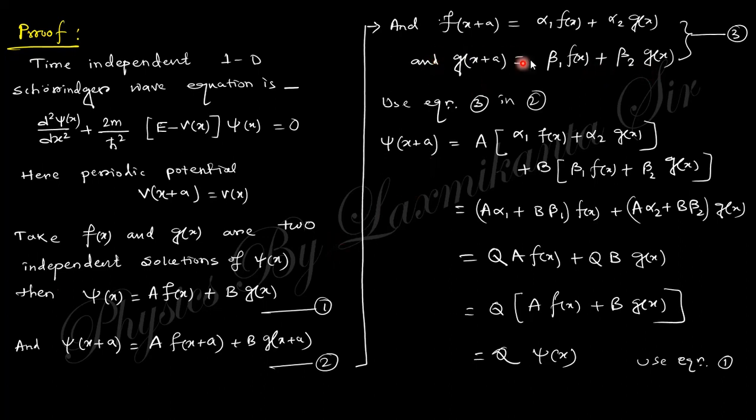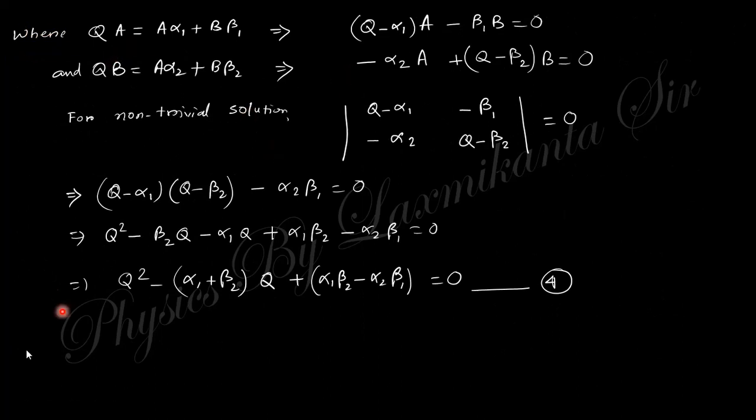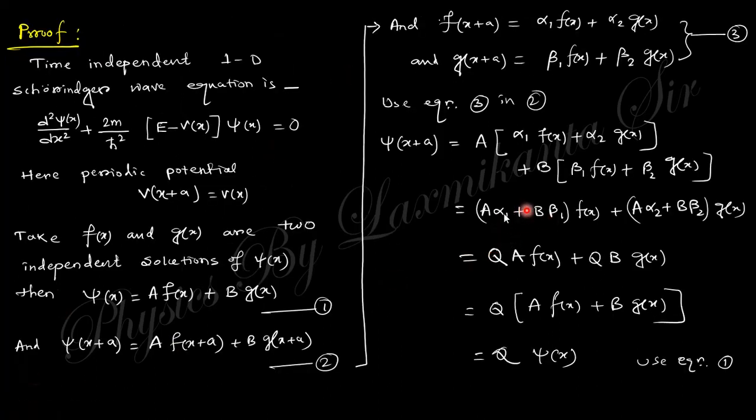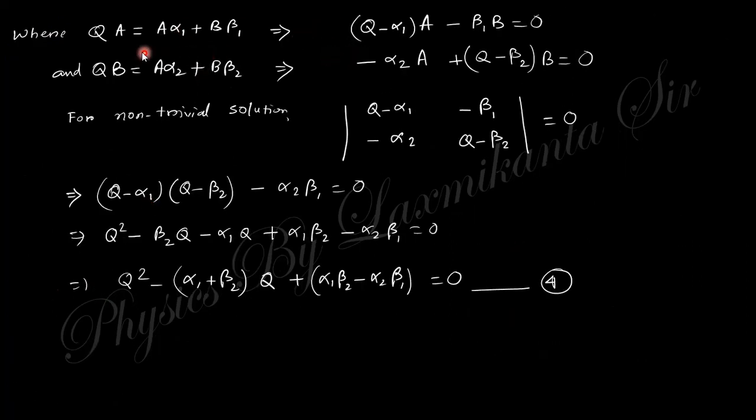Now if you substitute this f of x plus a and g of x plus a in equation number 2, you can separate out f of x and g of x, this taken as qa and this taken as qb. So finally you will obtain q psi of x. So psi of x plus a is nothing but q psi of x, where this portion is taken as q into a and this portion as q into b. So take this one and separate out the constants a and b.